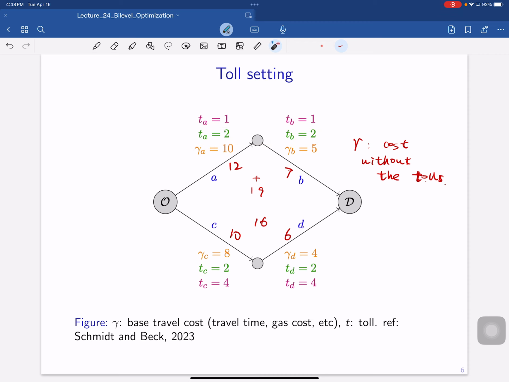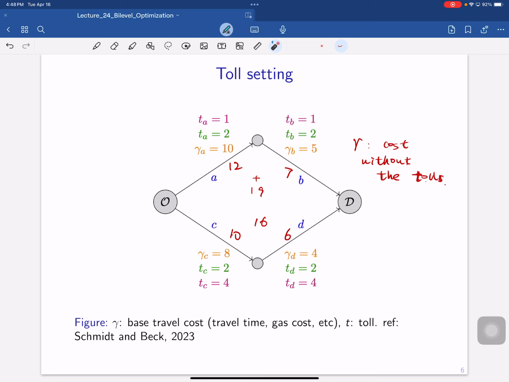In that case, of course, the traveler will choose the route that gives the least total cost, so you will choose to travel through C and D. On the other hand, if you make this route more expensive and this route a little bit cheaper, which is usually the case, right?